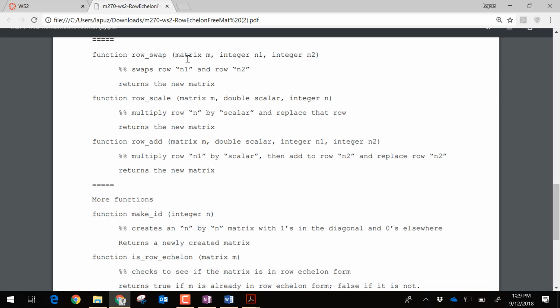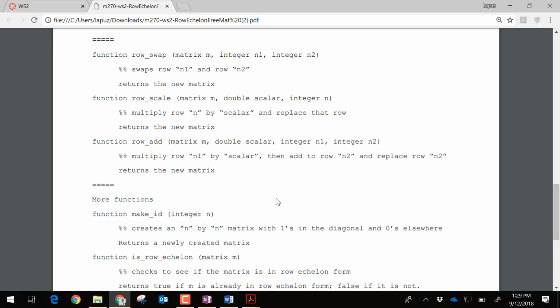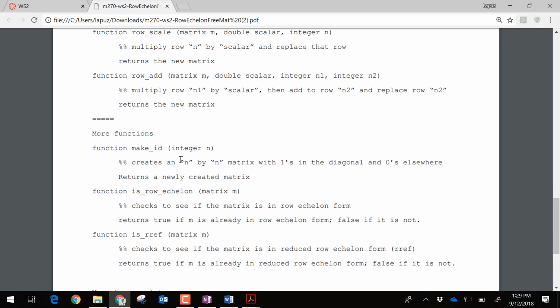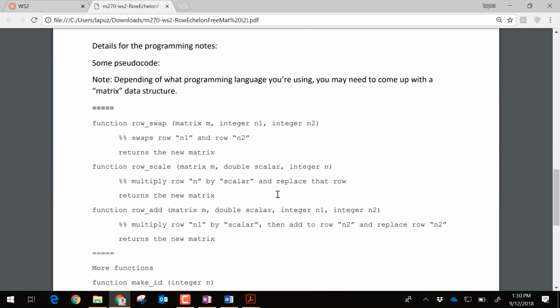So you would need to create that, and then you can define a row swap, row scale, and row add to be these things. And then some other functions, if you're not using MATLAB, make an identity function. You can maybe do a check if it's a row echelon already, if you put it in a matrix, and then you can check somehow if it's row echelon or not, or if it's a reduced row echelon. So these are some programming ideas. If you're a computer science major, you should think about challenging yourself to do some of this stuff. If you're not, you can just forget about it.